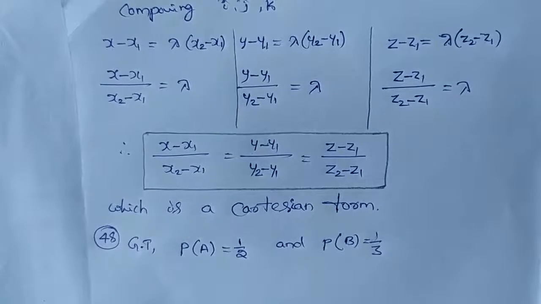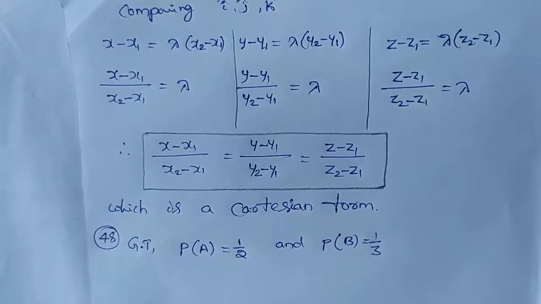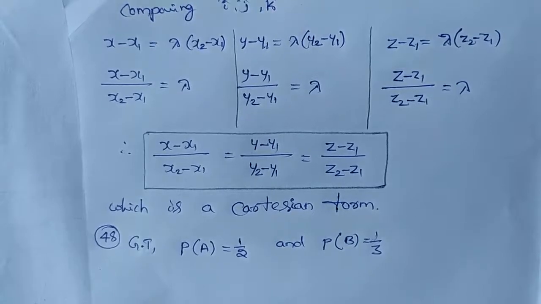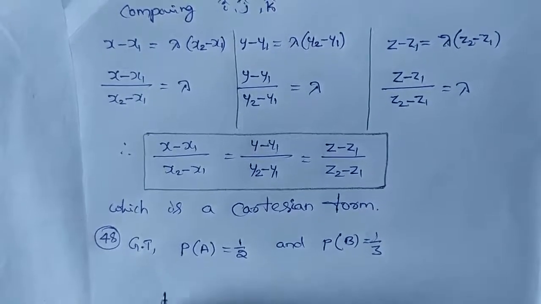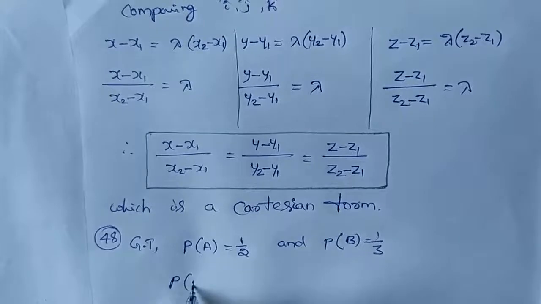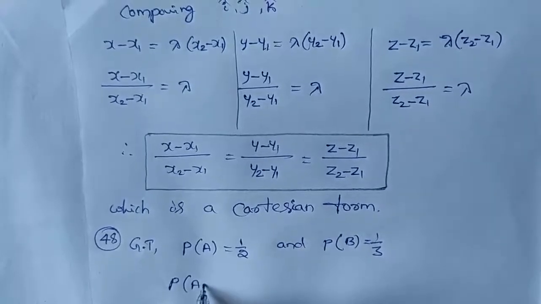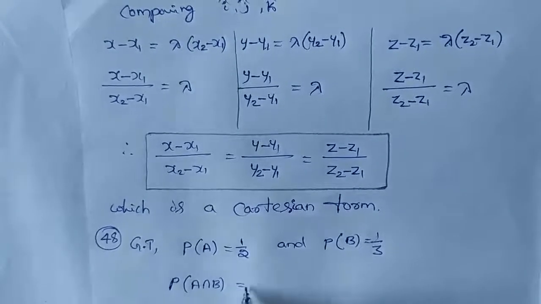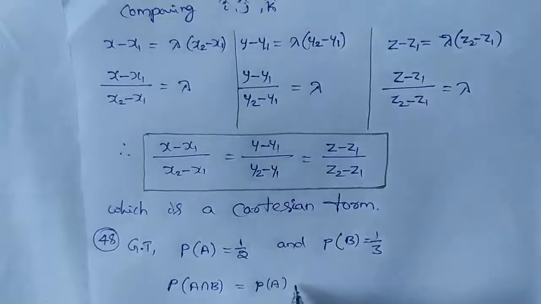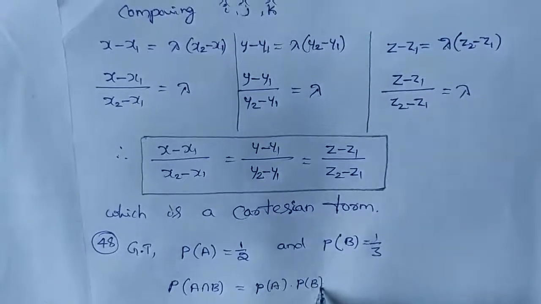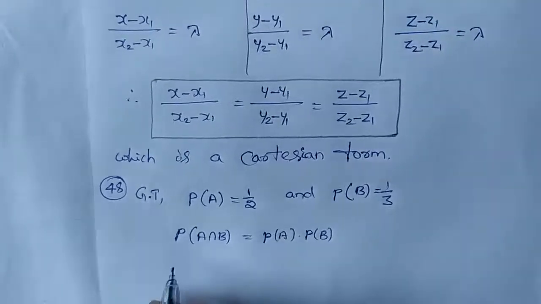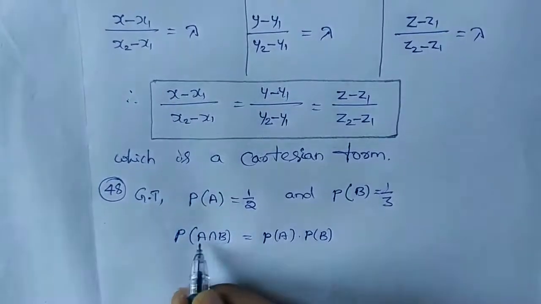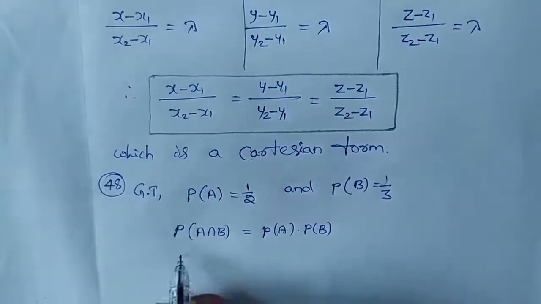If both try to solve the problem independently, that is the intersection. The independent condition is P of A intersection B equals P of A into P of B, because A and B are independent events.